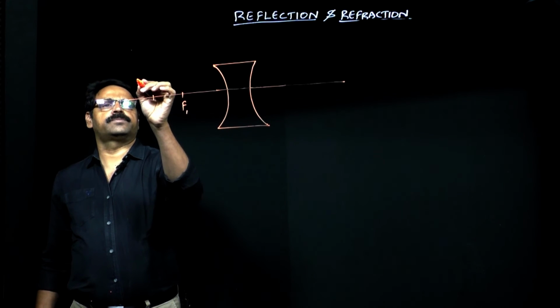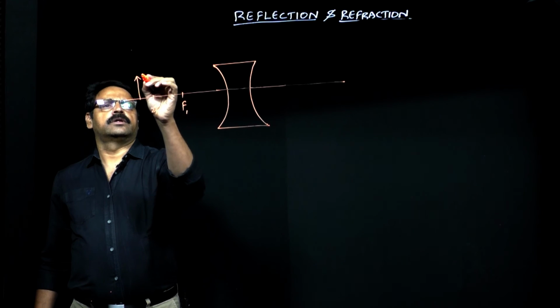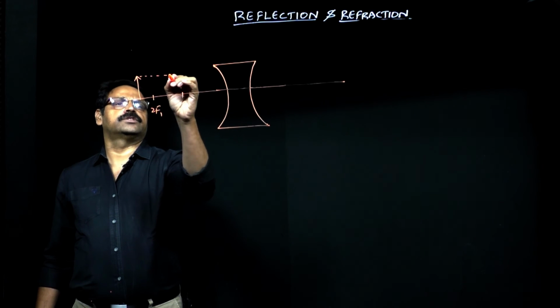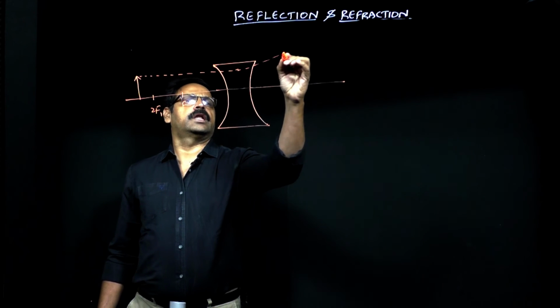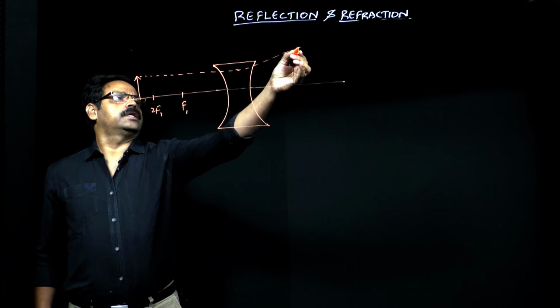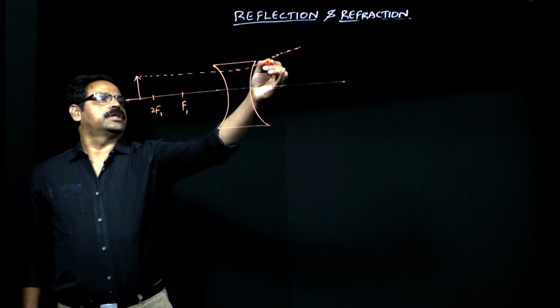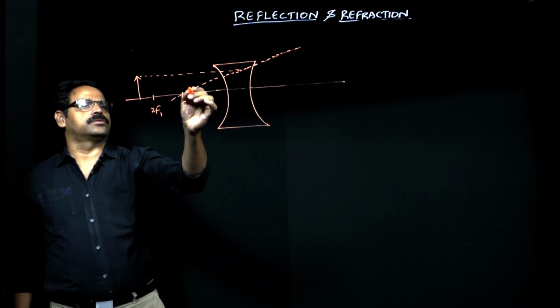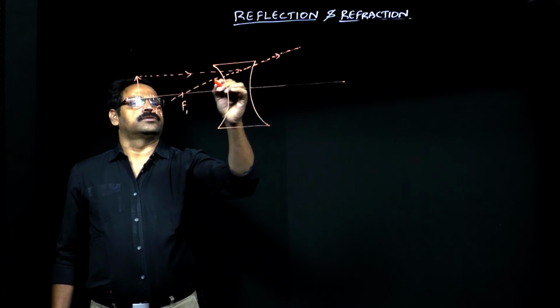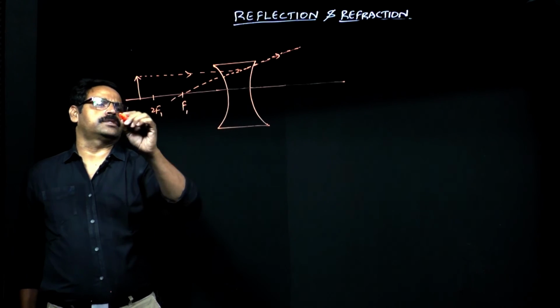Then an object is placed over here. So a parallel ray falling onto the lens will be diverted like this, and if you take the extension of this ray, it will merge at the focus. So this is how it merges at the focus.